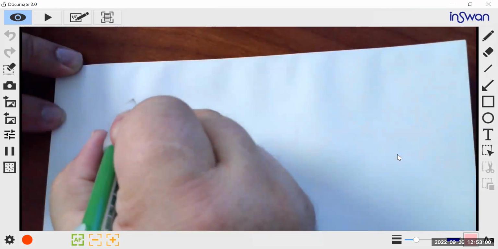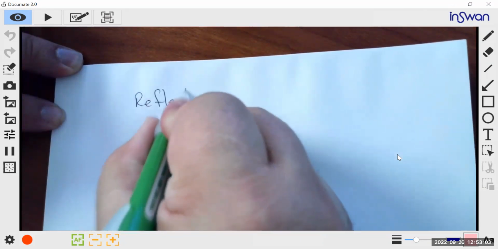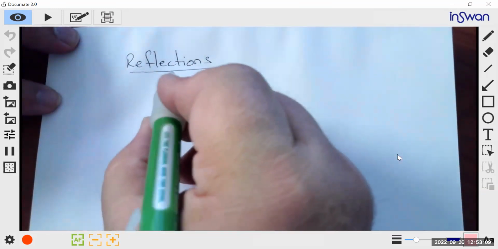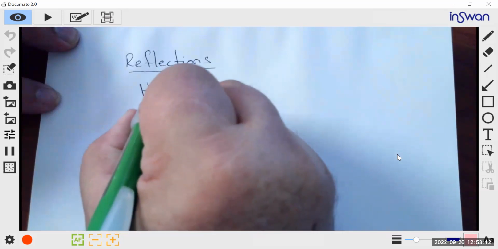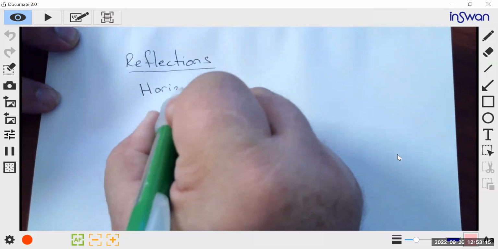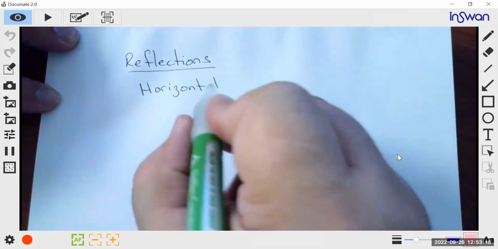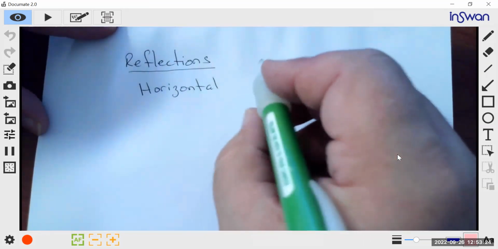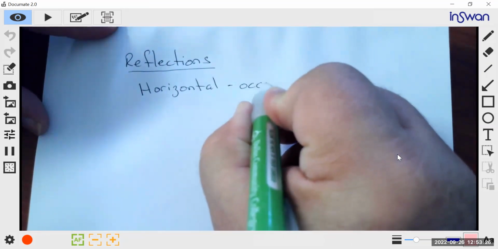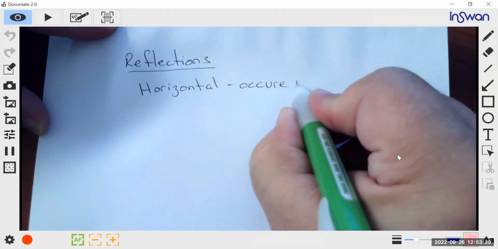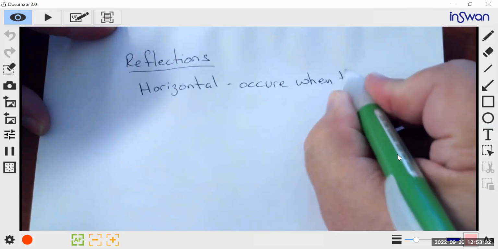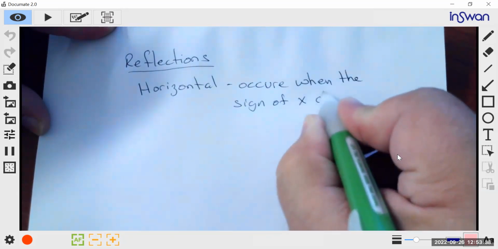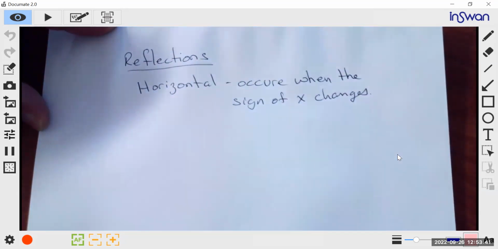Let's look at reflections. Let's look at horizontal reflections. It occurs when the sign of x changes.